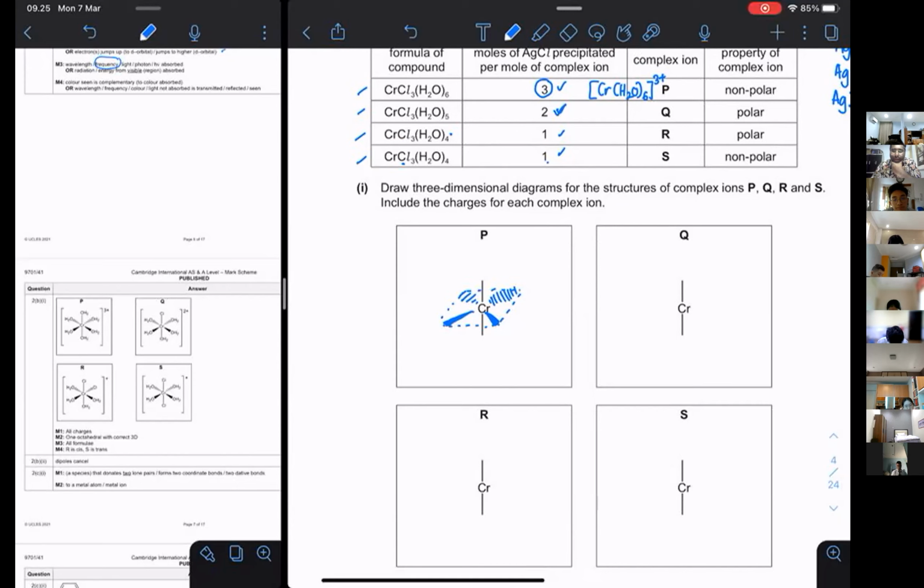The lone pair is coming from O. So I'll just put water like this. If you want to put water also, it's okay. That's my 3-dimensional diagram for the structure. I've missed out one.